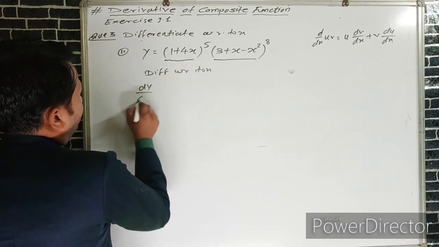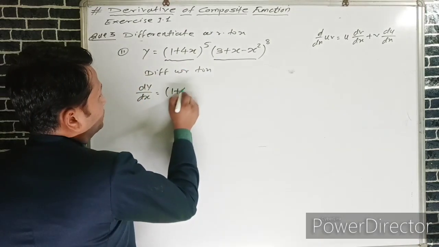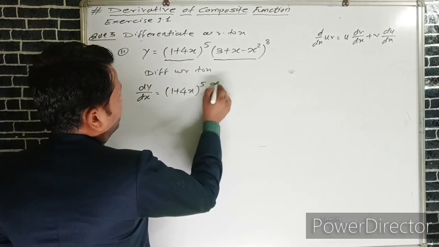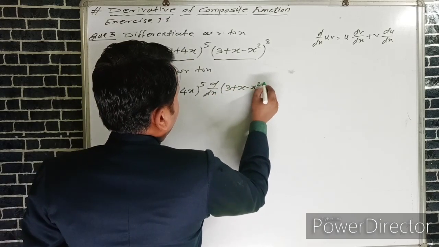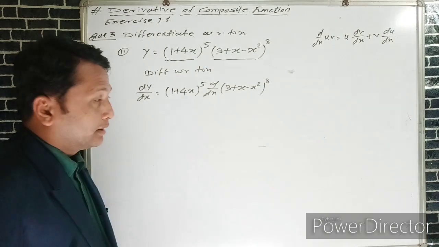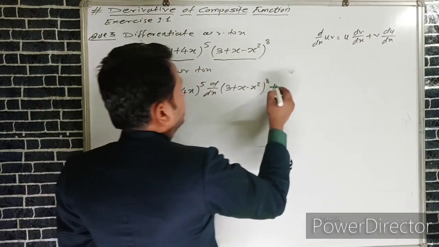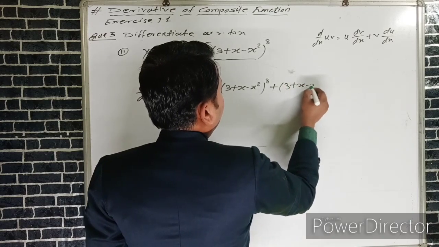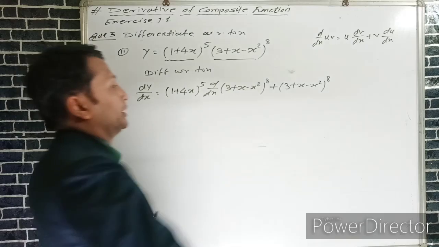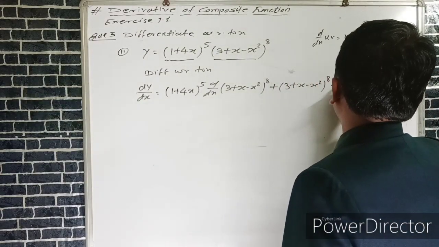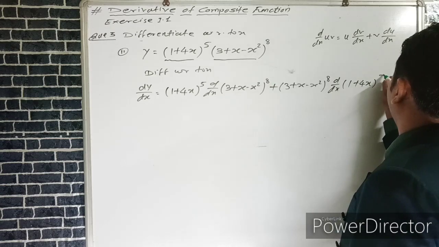By applying this rule, we can write it. Differentiate the given function with respect to x. The derivative of y is dy by dx: the first function (1 + 4x)⁵ into the derivative of (3 + x − x²) whole raised to the power 8. Again, plus the second term (3 + x − x²)⁸ into the derivative of u, meaning the derivative of the first term, which is (1 + 4x) whole raised to the power 5.